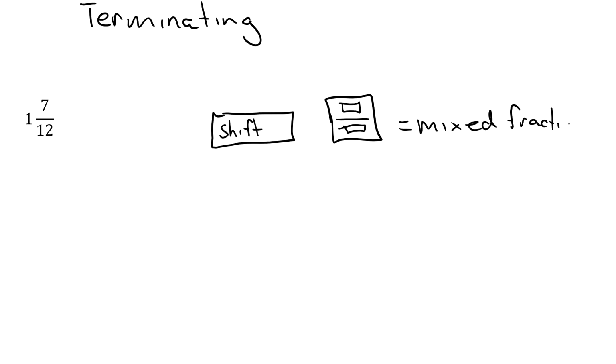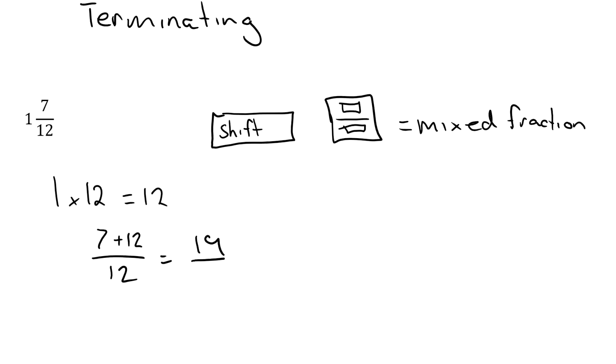If you do not want to do this, you need to multiply your whole number, so 1 times 12, to get 12, and then add it to the 7. So 7 plus 12 over 12, which means we get an improper fraction of 19 over 12, and then we can go 19 divided by 12.